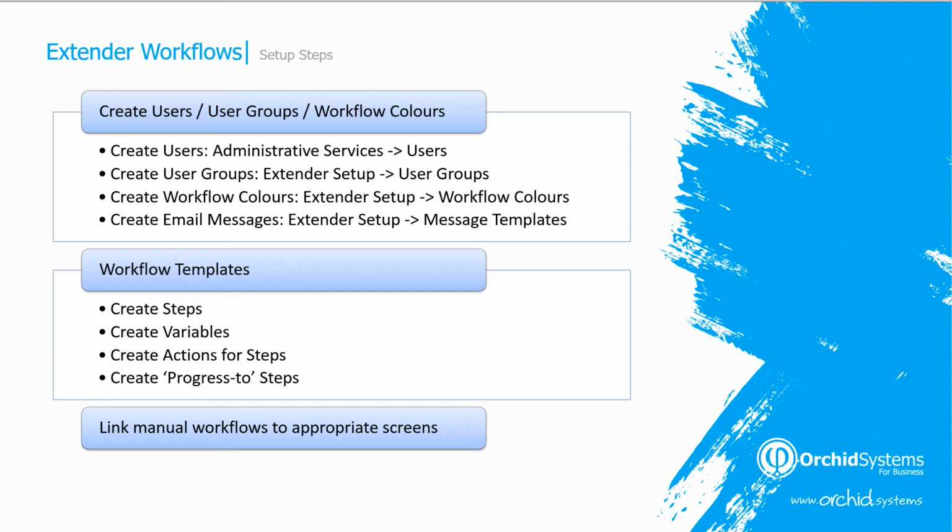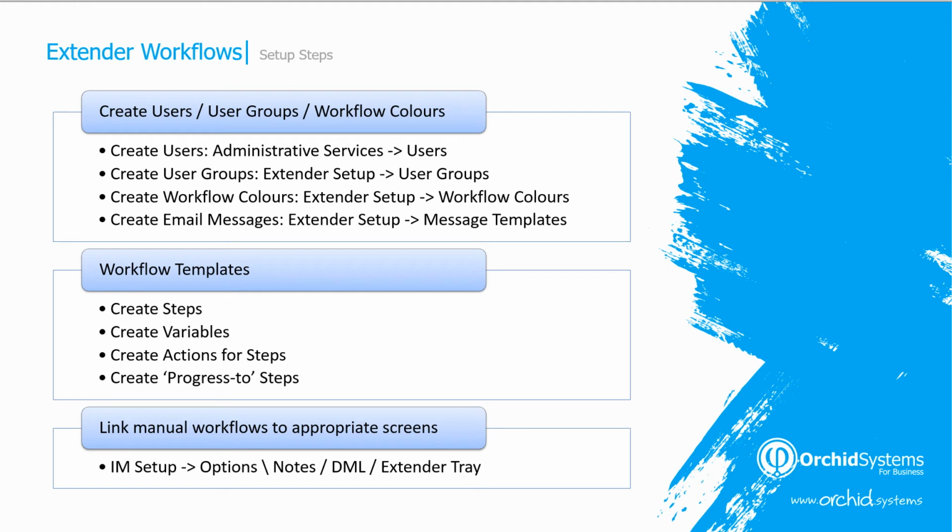And then we need to link a manual workflow to the appropriate screens so that the workflow can be started. And we went to IM options, notes and DML extender tray, and configured an icon for the running of the manual workflow.